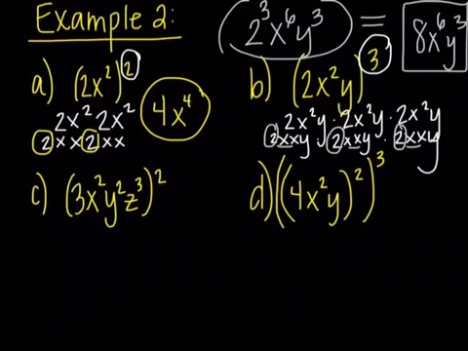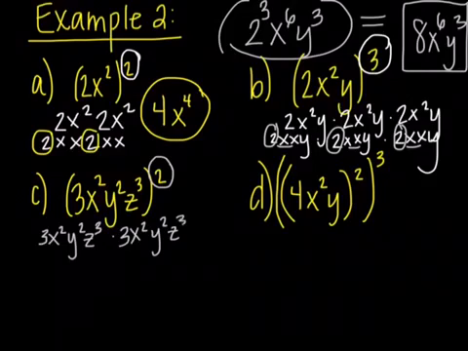On the next example, I see that my exponent is a 2 on the outside, which means I'm just repeating my parentheses twice. So 3x squared, y squared, z to the 3rd times 3x squared, y squared, z to the 3rd. I can expand these out. 3xx, yy, z.